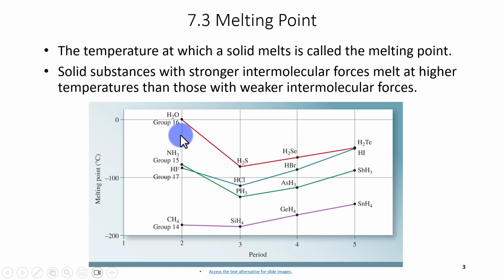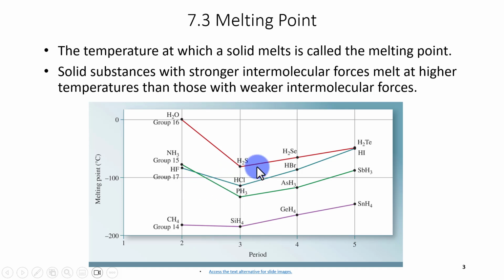However, when we go to group 15, 16, and 17, we see something different. The first elements that are listed, so HF, NH3, H2O, those have the highest melting points as compared to whatever elements come after them. Well, why is that?